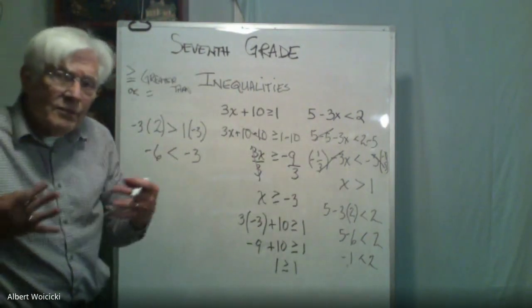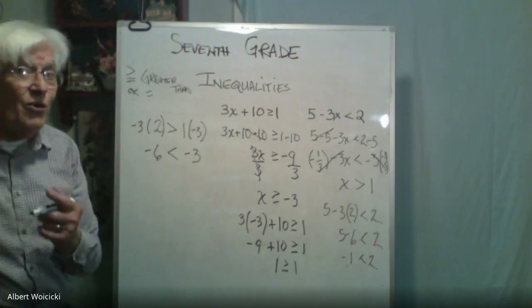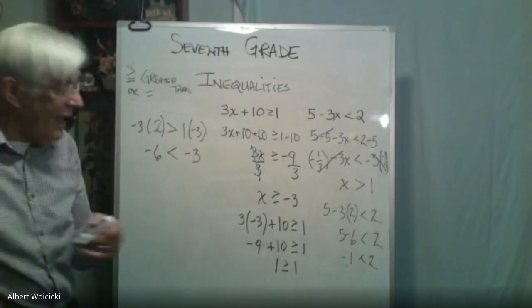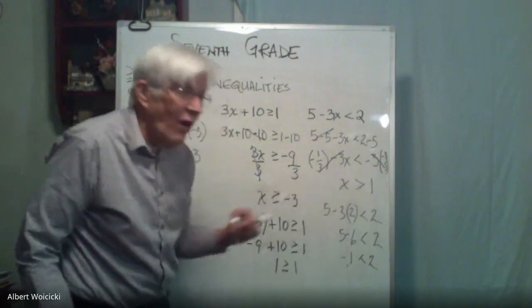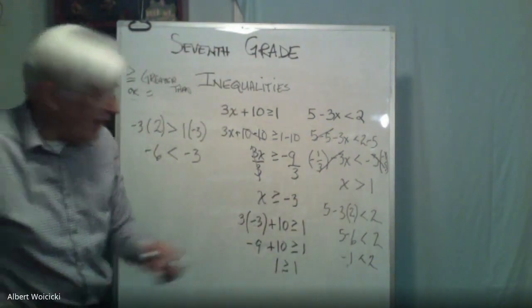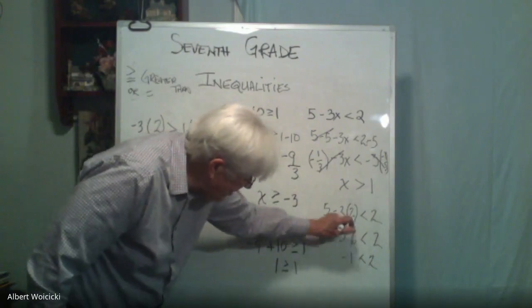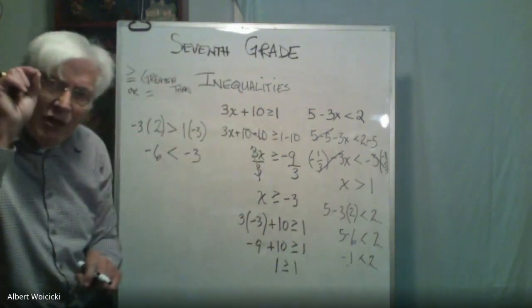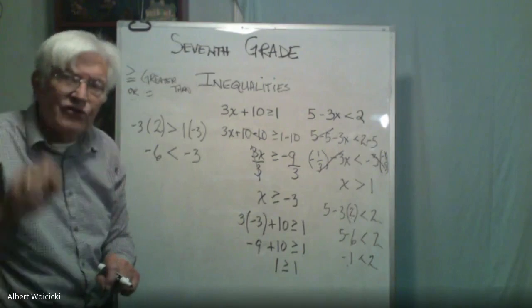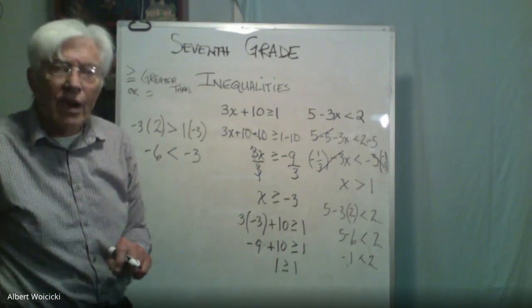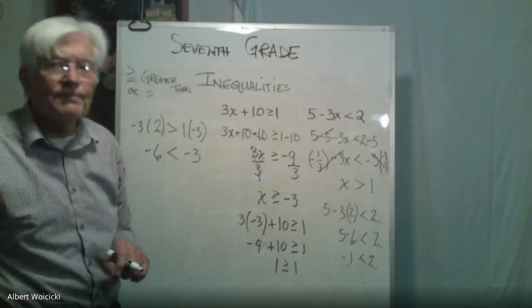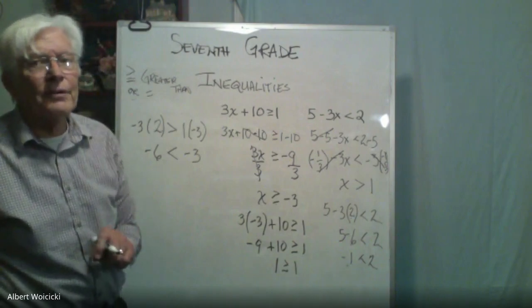So what I didn't do is I treated this like an equality. I can't do that. It says x is greater than 1. So this item I put in here has to be something greater than 1 to check. It's not an equal sign.